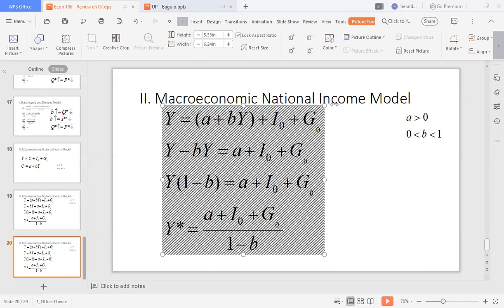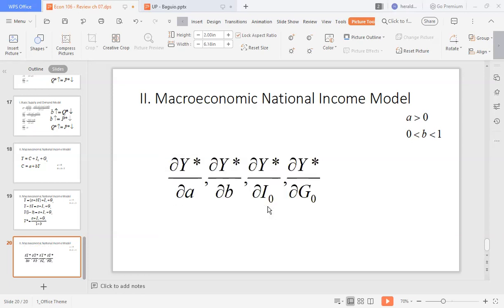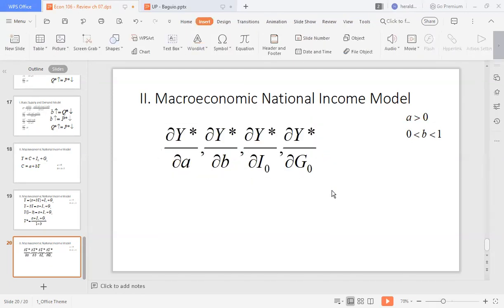Let me just write it down: partial Y star with respect to a, also b, and I-0, and also G. I am just listing what partial derivatives we need to look for in this model.